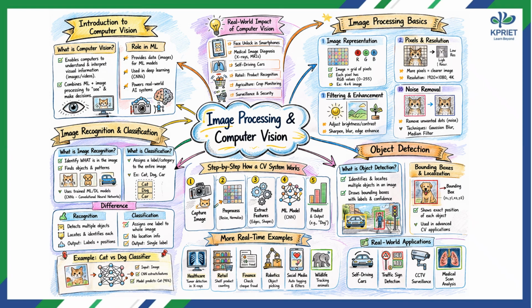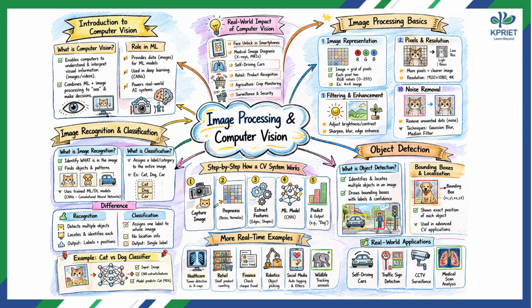In the case of image processing, we have image representation, pixels and resolution, filtering and enhancement, and noise removal. In image representation, there are different methods like RGB, the primary color format, and the secondary color format.